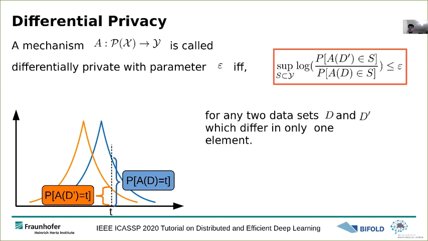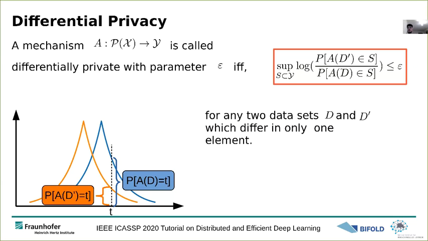So what's this quotient of probabilities? D and D prime are data sets which differ in only one element. And the fact that this quotient is smaller than epsilon basically just means that the probabilities here are almost the same.